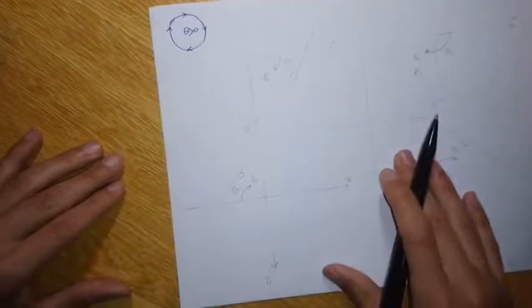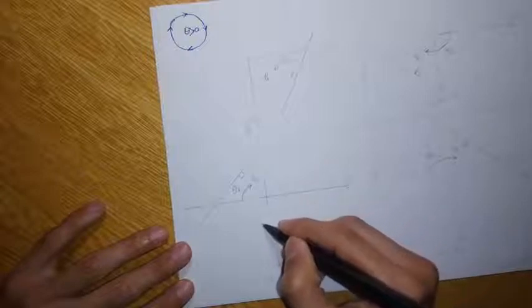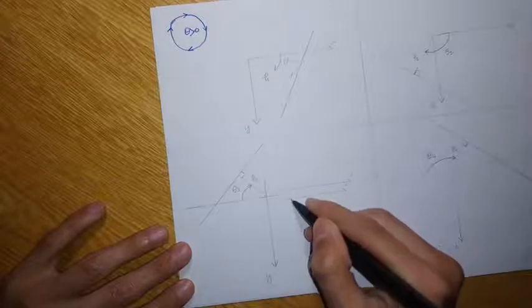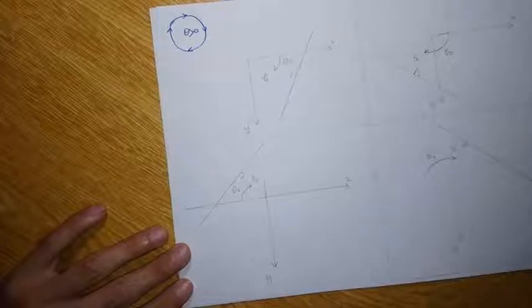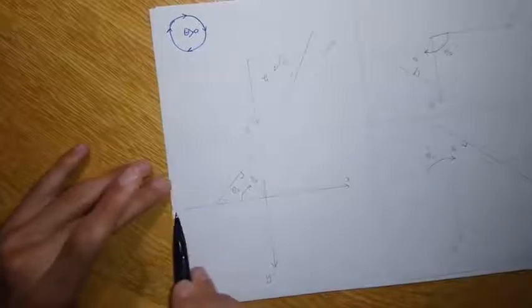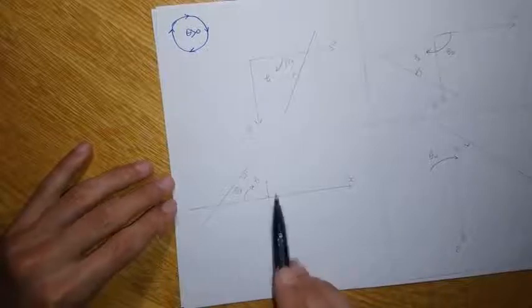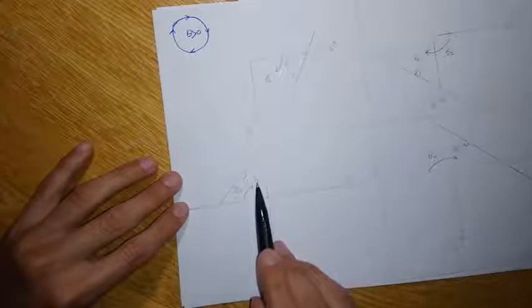But in this case, instead of saying that theta is higher than 180, so instead of saying that theta is this angle, what I do is I say, okay, I start evaluating theta again from the negative side of the x-axis, but then I say that rho is negative.